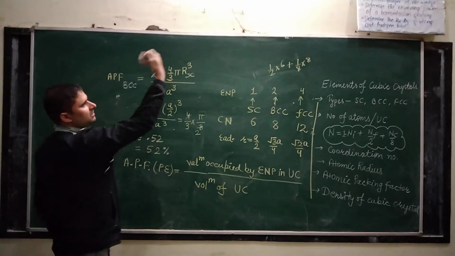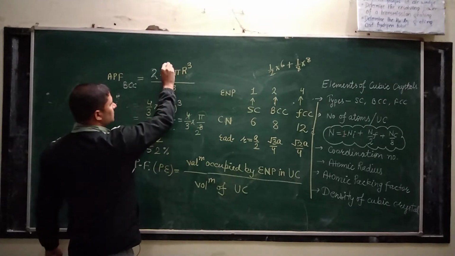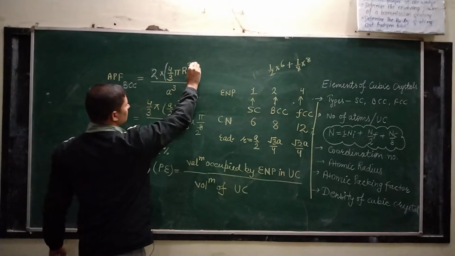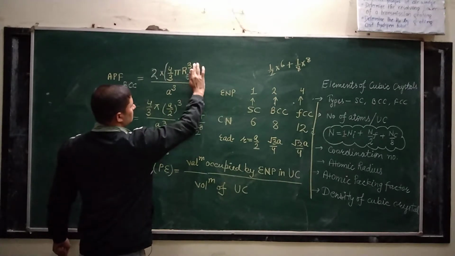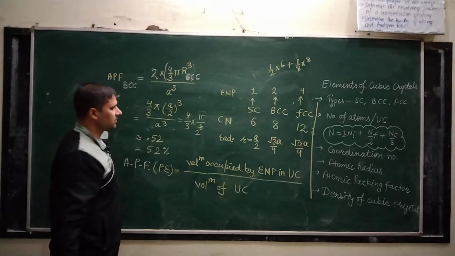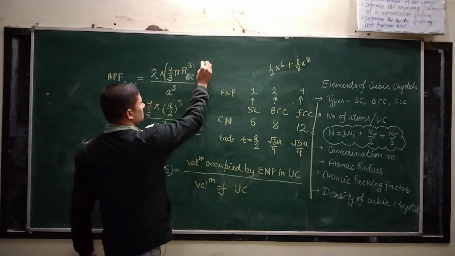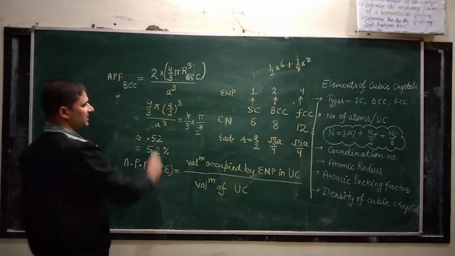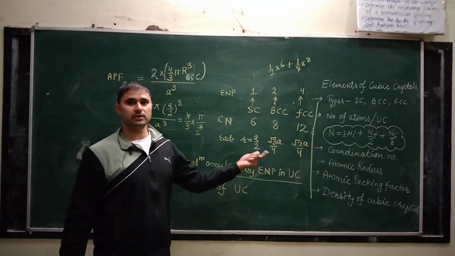So volume will become twice of the volume occupied by one sphere, one atom. Here this is the radius of the particle in BCC, and you can see how the radius is connected from this relation. Then the size of the cube is again A, so it will be A cube.